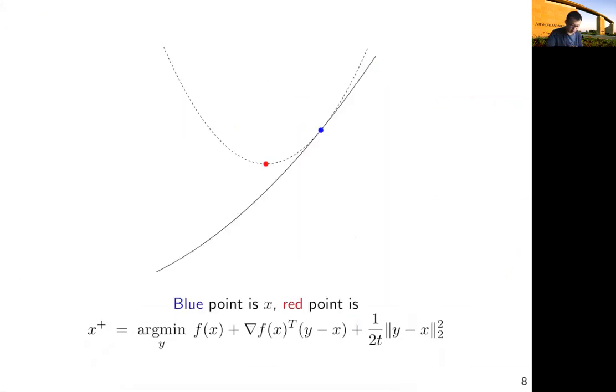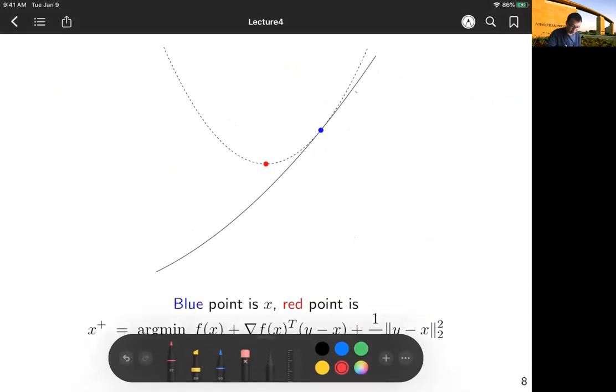Specifically, if we want to visualize this using this figure, let this solid line be f of y, and this will be the local quadratic approximation at location x. Notice that we choose t appropriately such that this quadratic approximation is always an upper bound of the original function that we're trying to minimize.